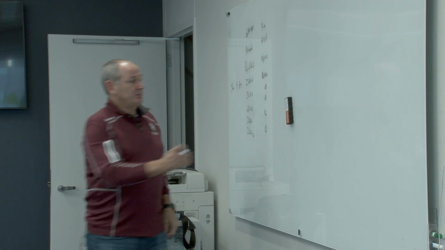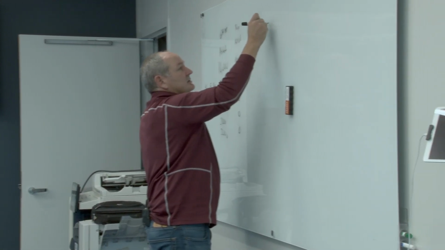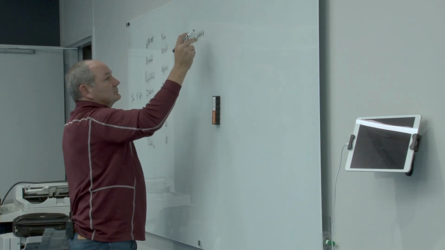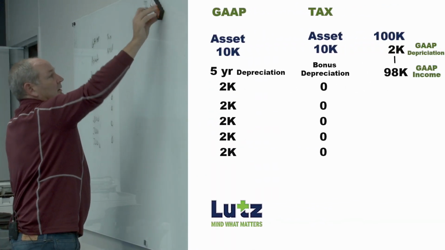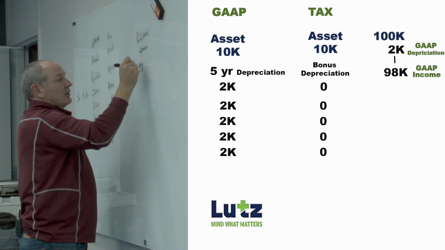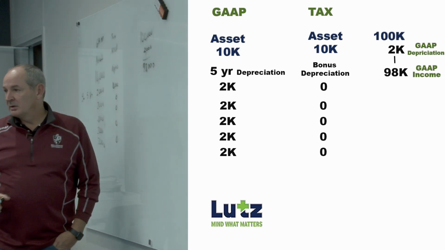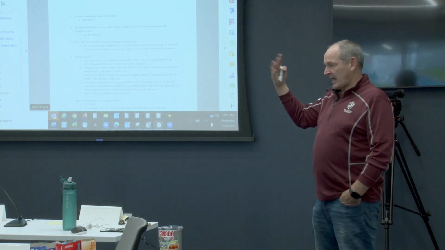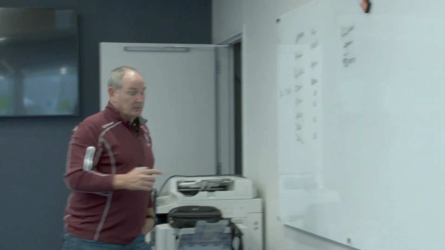Okay? So I'm going to pretend that we have $100,000 a year, and for GAAP, we have $2,000 of depreciation, and we have $98,000 of GAAP income. So now we have to figure out, well, wait a minute. I have a tax accounting method, and I have a GAAP accounting method. Embedded in my $98,000 number is a GAAP accounting method for depreciation. So you can do this one of two ways, okay? And I'm going to do it the long way for illustration purposes.